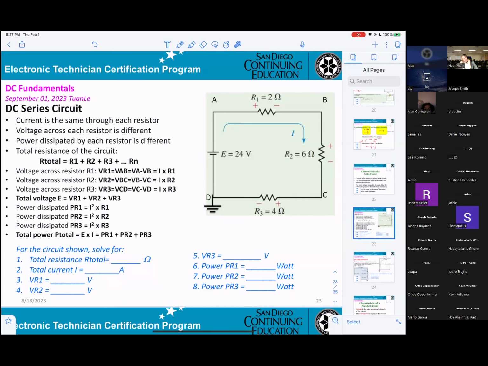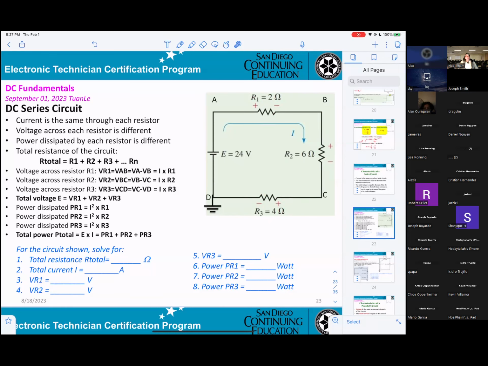Another definition: resistors in series are connected end to end. That means after this one, they go to the next one, and after that, the next one. They keep going the same way. That will be in series.